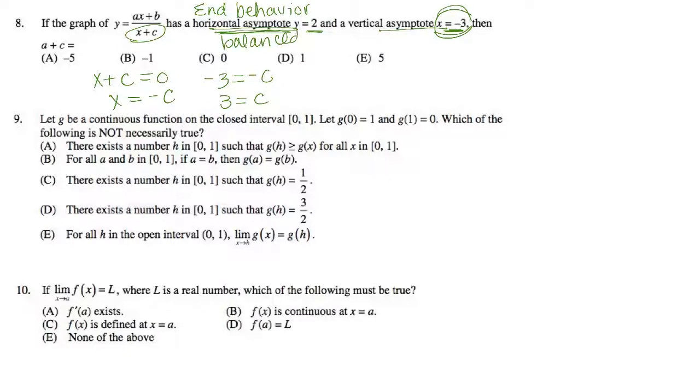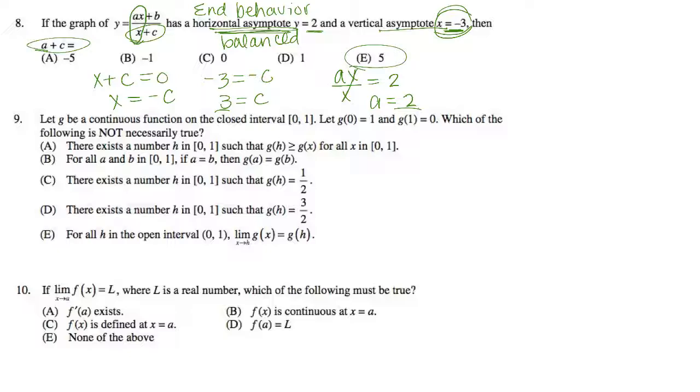So let's look at our balanced, which is going to be these two. So I know that ax over x had to have been equal to 2. And so very quickly we see that a has to be 2. And we needed the sum of a and c, sorry. So that sum is going to be positive 5.